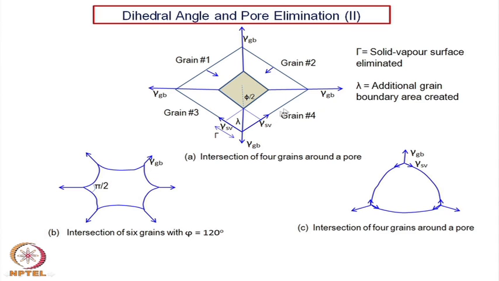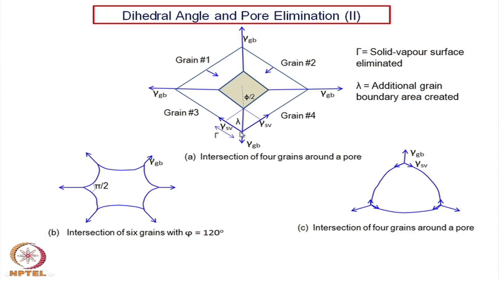So, while the pore was this much, considering a unit thickness of this surface, this distance multiplied by this becomes the total area. And when it comes to this, the area has decreased considerably. So, this energy term has reduced.